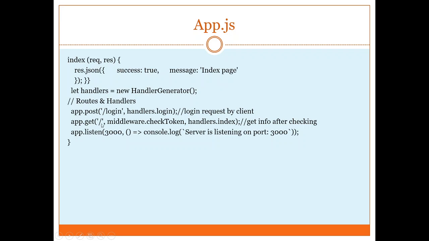So whenever another request comes, we will provide this middleware to it, middleware.checkToken, to check whether the request contains the token or not. If the request contains the token and it is a verified token, then we will move on, else the error message will be returned from this point. So this is the way with which we can implement token authentication in our server side application without using passport.